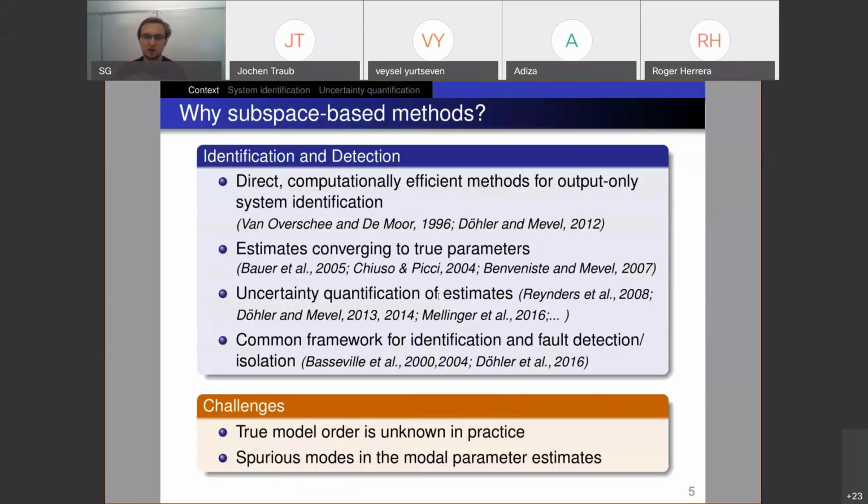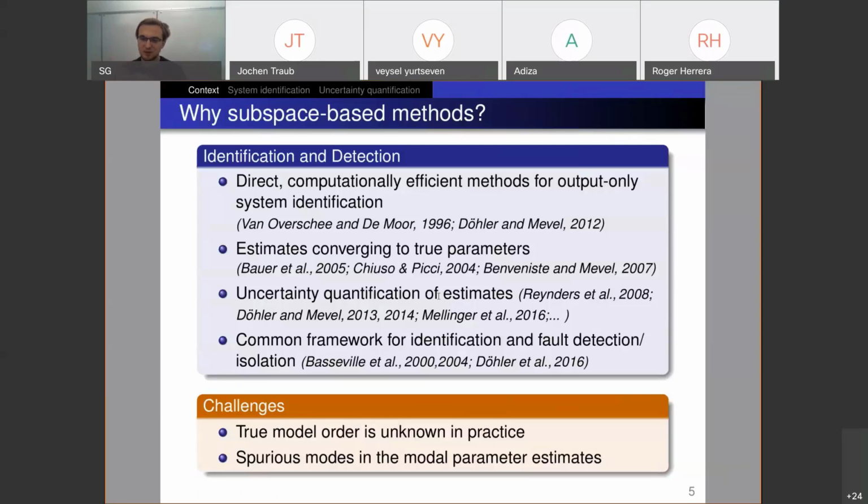In this context, there are several challenges related to using the subspace methods for operational model analysis. First is that those methods are parametric, meaning those parameters that are used for the identification characterize the dynamic behavior of our structure. The problem is that we don't know the exact number of those parameters, so we need to choose it, and that relates to the true model order of the system identification methods.